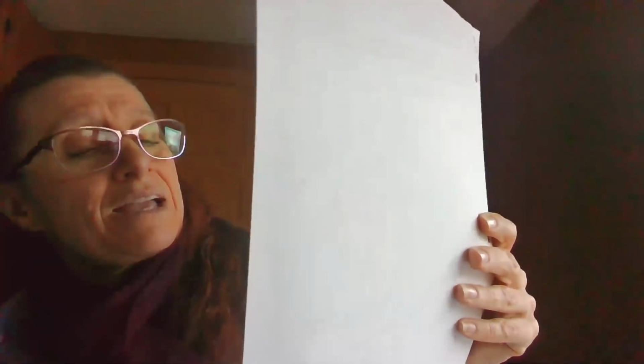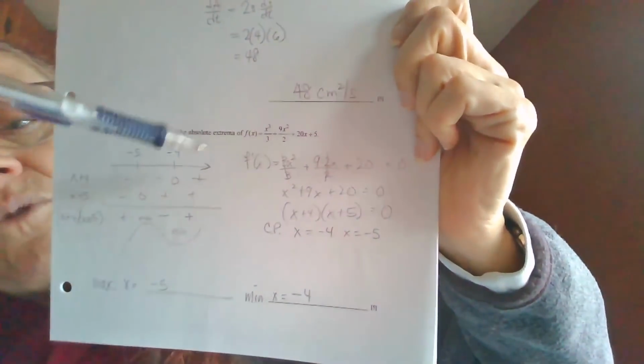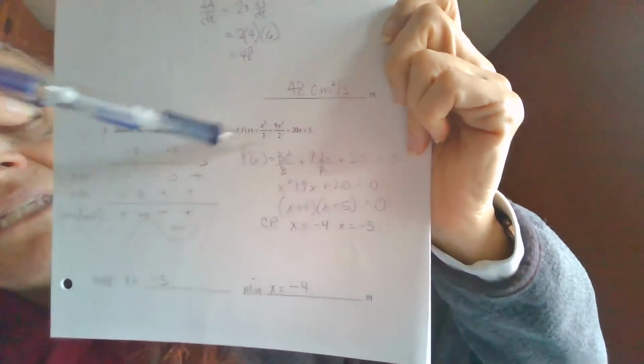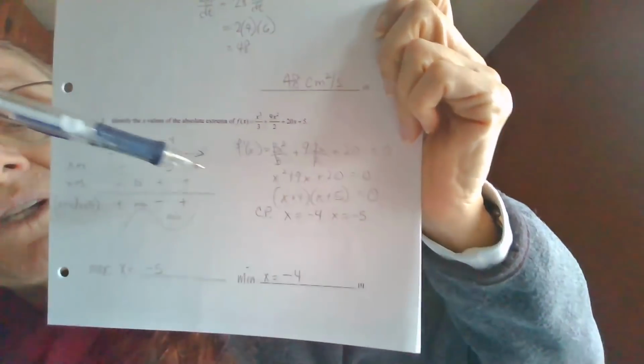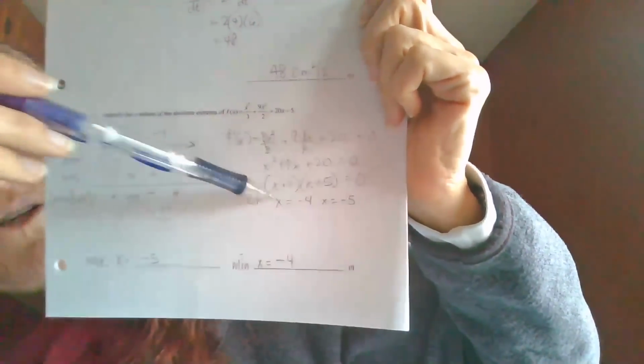And for the second one, we want absolute extrema. Therefore, we're going to take the derivative and set it equal to 0. This is a pretty straightforward quadratic to factor.